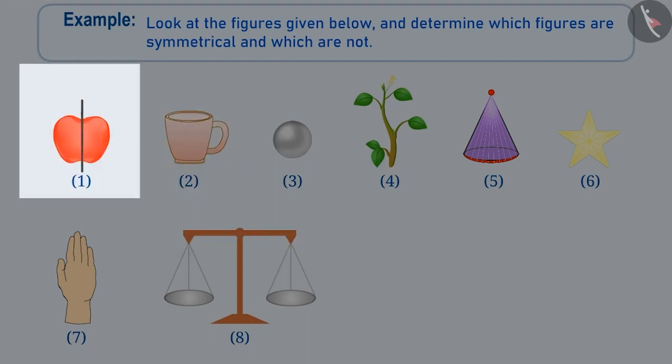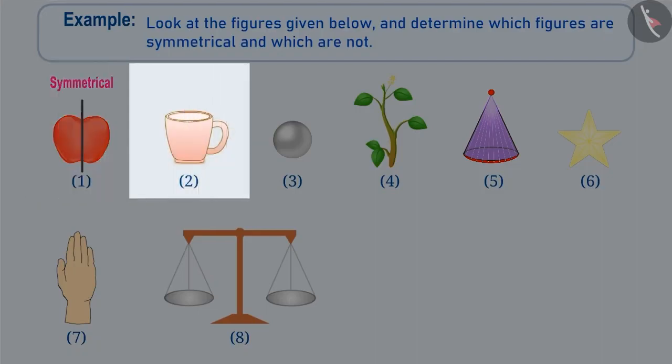We can make two parts of the first figure like this. Here we see that the right half and the left half are identical to each other. That is, they look exactly alike, and thus it is a symmetrical figure. Similarly, if we talk about the other figure, then here we have no way to divide this figure into two parts which would be the exact reflections of each other or completely identical.